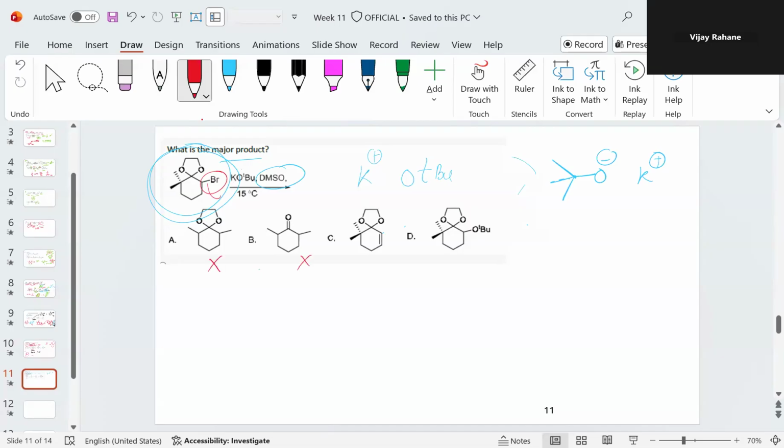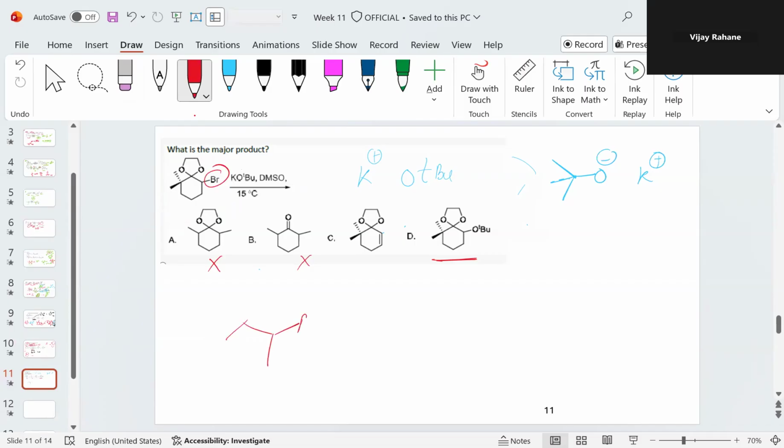In this case, it's not only the possibility of a substitution reaction. This is an electrophile, you can say.